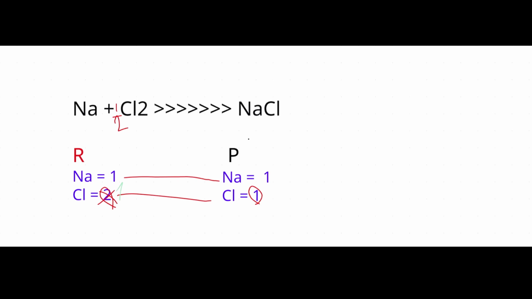So now half Cl2 is only 1 Cl. So now we have 1 Cl, and now Cl is balanced too.